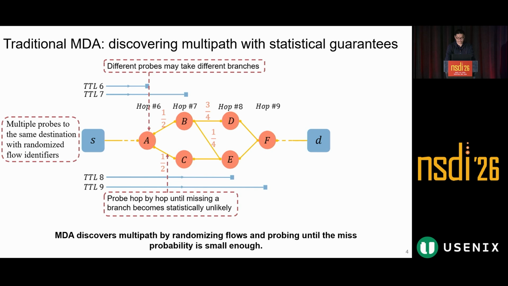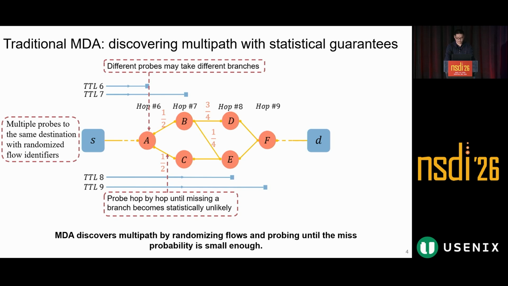Traditional MDA addresses this problem by sending multiple probes to the same destination, but with randomized flow identifiers. Once the probes reach a load balancing router, different probes may be forwarded along different branches, so MDA can gradually uncover multipath successors instead of just one realized path.